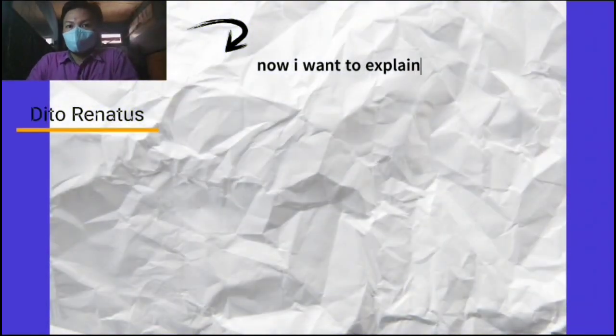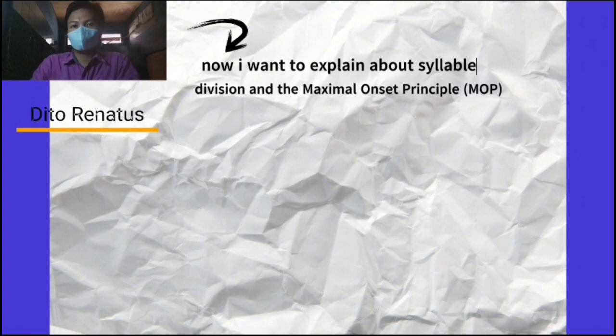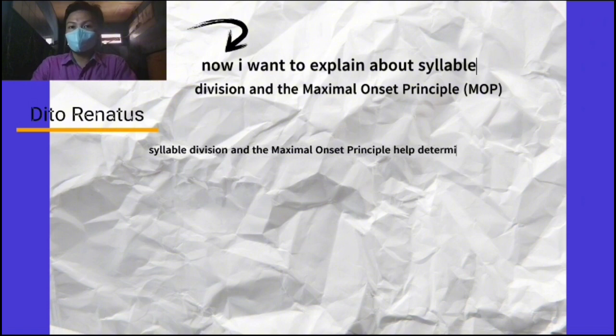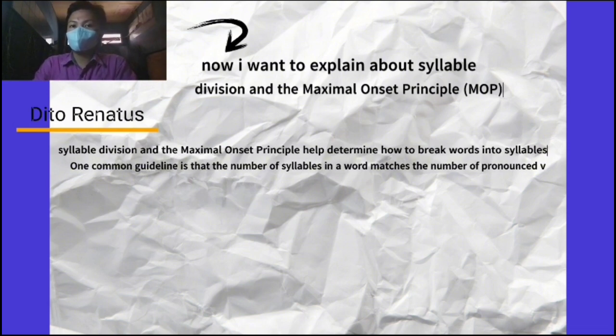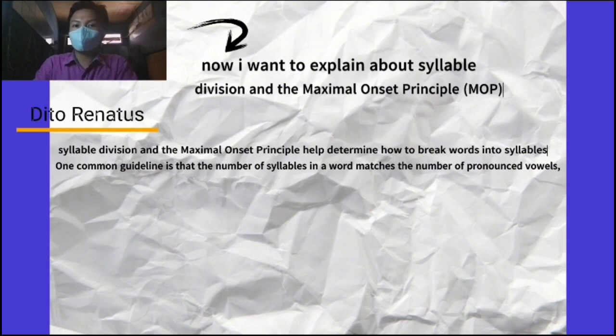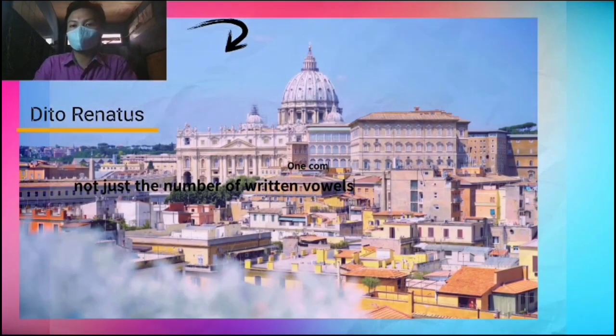Now I want to explain about syllable division and the maximal onset principle. Syllable division and the maximal onset principle help determine how to break words into syllables. One common guideline is that the number of syllables in a word matches the number of pronounced vowels, not just the number of written vowels.